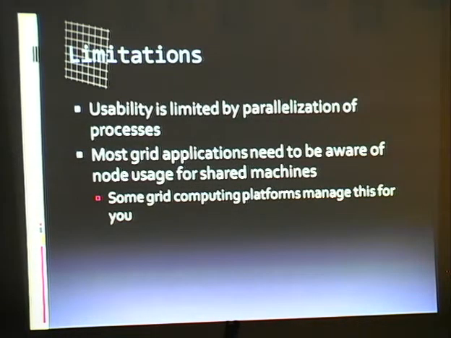Limitations with grids. The usability of a grid or a cluster or any distributed computing platform is based on the ability to parallelize your code. What parallelizing means is no data dependency within that block of code. So you can consistently repeat that block of code, and it doesn't matter when it finishes because nothing relies on it, and it doesn't rely on anything else to complete.